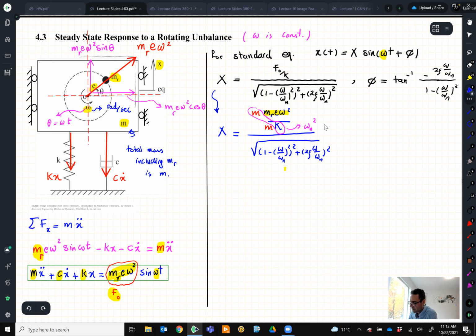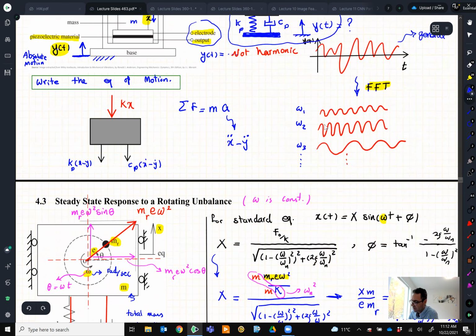So I would get an equation which is X m over e mr equal to omega over omega n squared, over 1 minus omega over omega n squared plus 2 zeta omega over omega n.